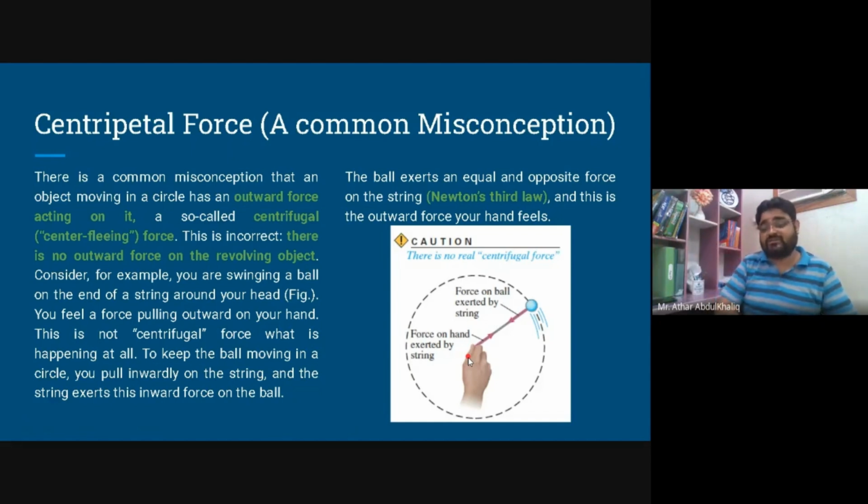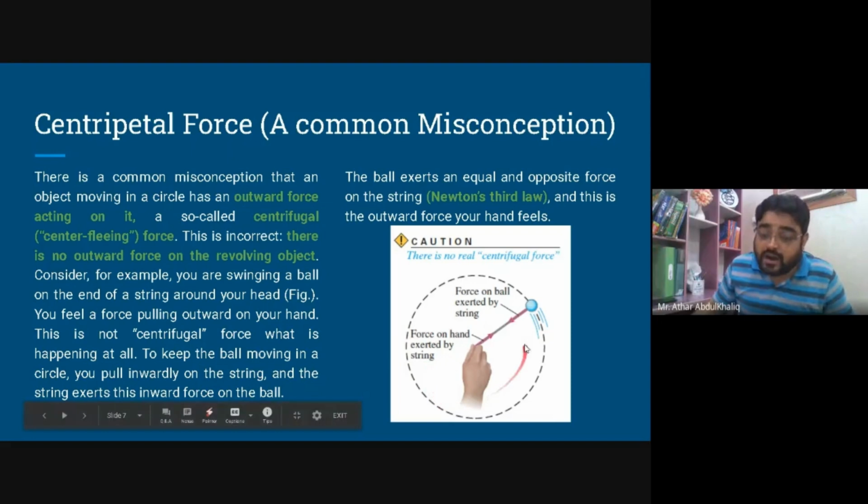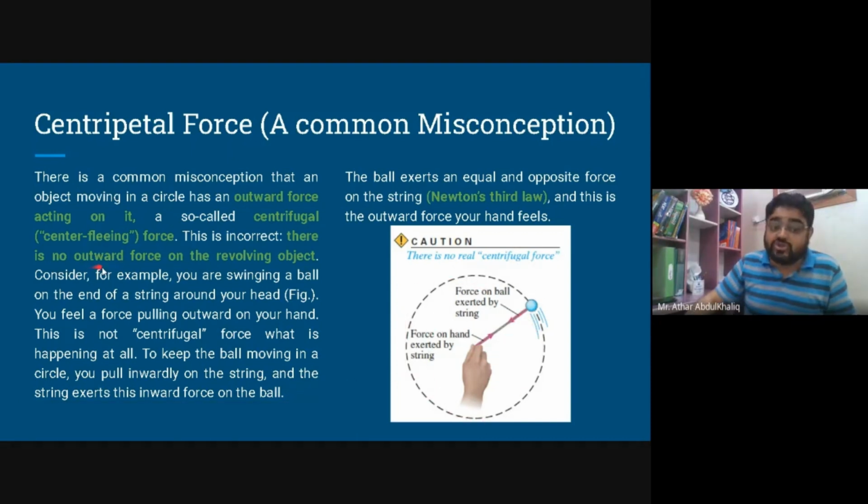The reaction is along the same line, so we cannot call it centrifugal force. This is the action from our hand and the reaction from the string to the ball. Both are the same in magnitude, and that keeps the object moving in a circular path. There is no outward force on the revolving object.